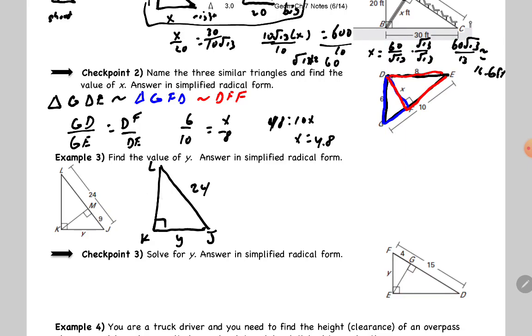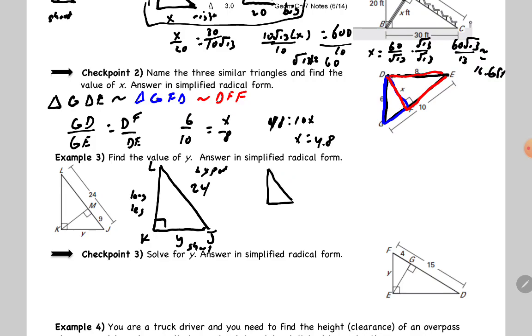And this is 24. Okay. And you also want to make note that this is the short leg, long leg, and the hypotenuse. When you draw your other triangles, you want to keep it in the same orientation. So that means I have a long leg, a short leg, and a hypotenuse.